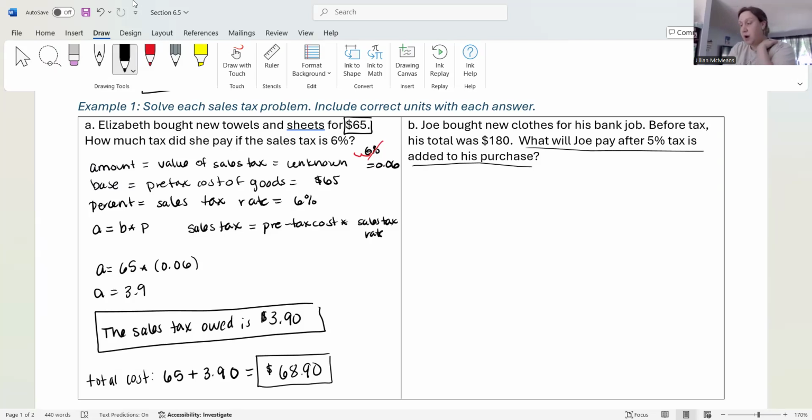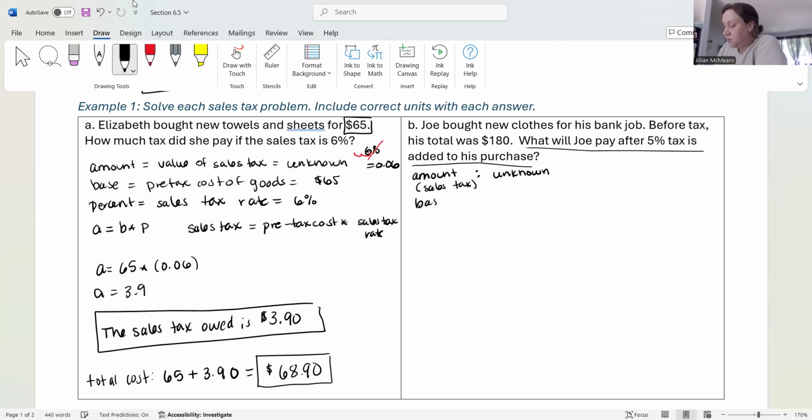So in order to do this problem, the first thing we want to do is figure out how much sales tax Joe is going to have to pay, and then we're going to add it to the pre-tax cost. So very similar to what we did in the previous example, okay? So remember the amount, that is really just the sales tax. For us, that is currently unknown.